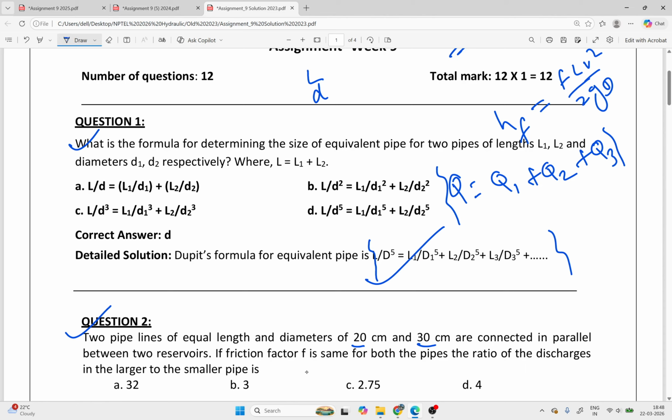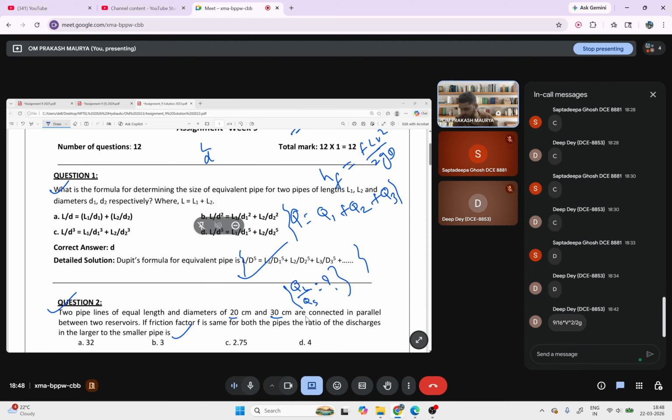If the friction factor f is the same for both pipes, the ratio of discharge in the large to the smaller pipe is? So here you need to calculate the ratio of discharge in the large pipe to discharge in the smaller pipe. How will you calculate? Just think and try to calculate within 2-3 minutes.